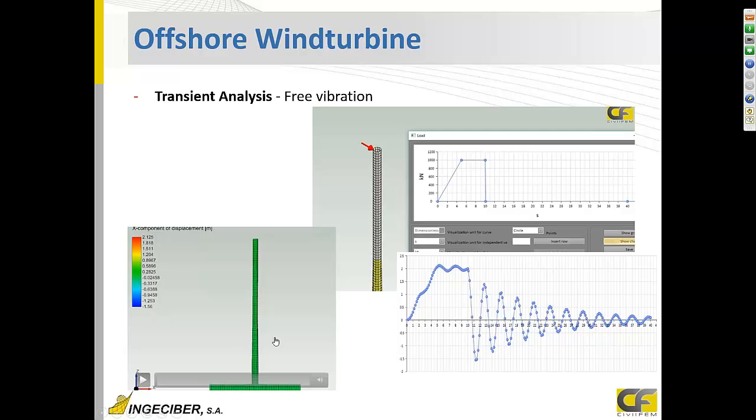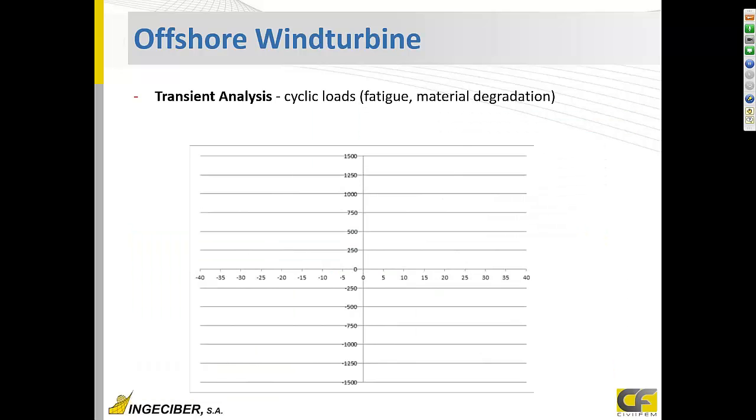Well, this is an example of how detailed we can analyze the model with this transient analysis with a nonlinear behavior of the soil, adding also damping and any other details, contacts. Also, if this force is not just applied and left, like free vibrations, if we apply a cyclic load, also with the nonlinear soil behavior, what we can have is a nonlinear response between the applied force and the displacement of the model.